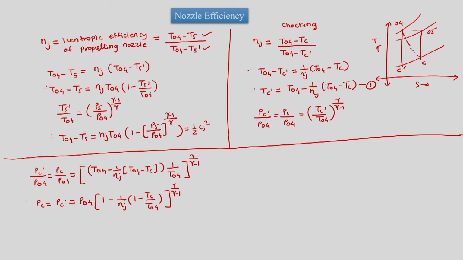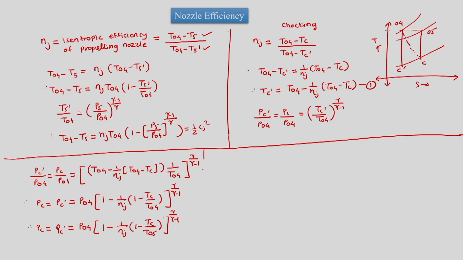Here we should also note that since the process in the nozzle is adiabatic, we have T naught 4 is equal to T naught 5. So Pc is equal to Pc dash is equal to P naught 4 into 1 minus 1 upon Nj into 1 minus Tc upon T naught 5 bracket raised to gamma upon gamma minus 1.